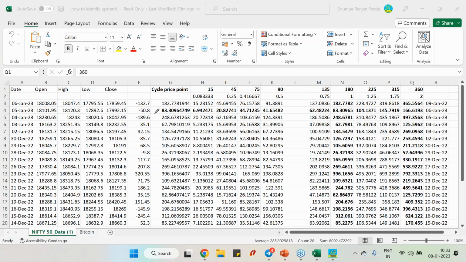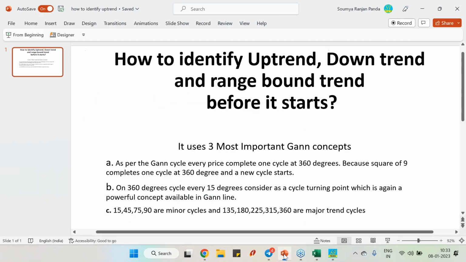So fine. Now we'll be moving to the cycle calculations, to a different analogy: how we can identify a trend earlier. Using this method, we are going to identify a trend before it happens.